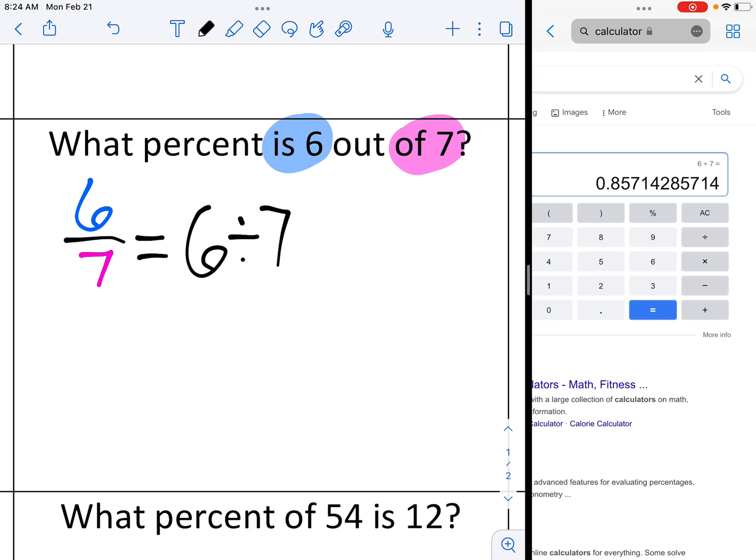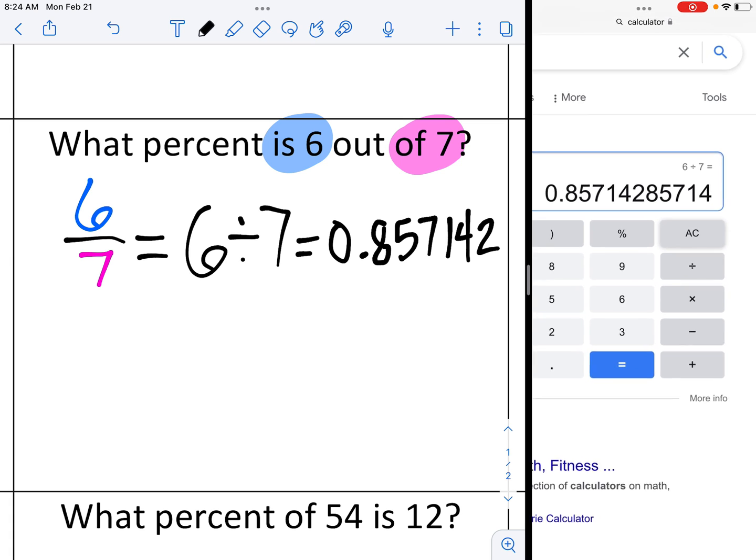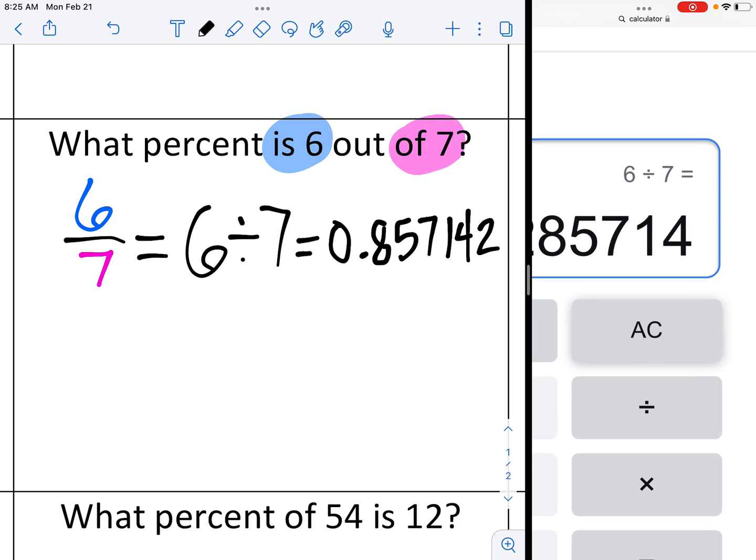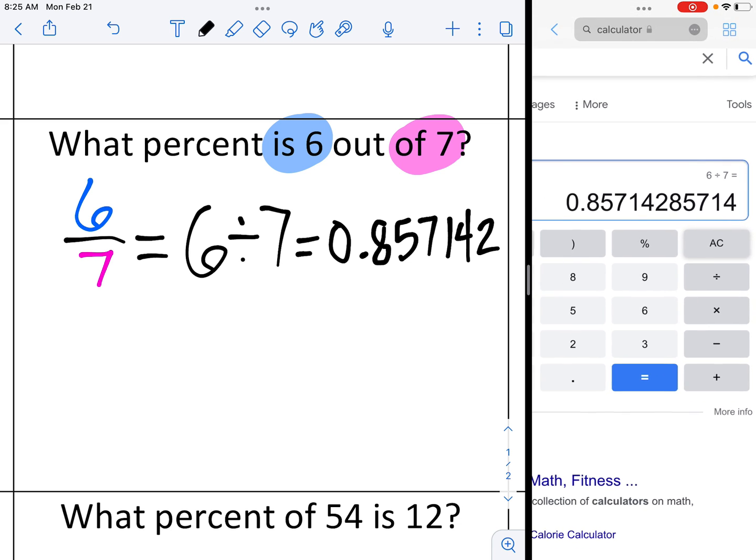That looks really icky. I'm going to write down 0.857142, because after that on my calculator I see that it says the same thing, 85714. All right, so it's repeating in my calculator.